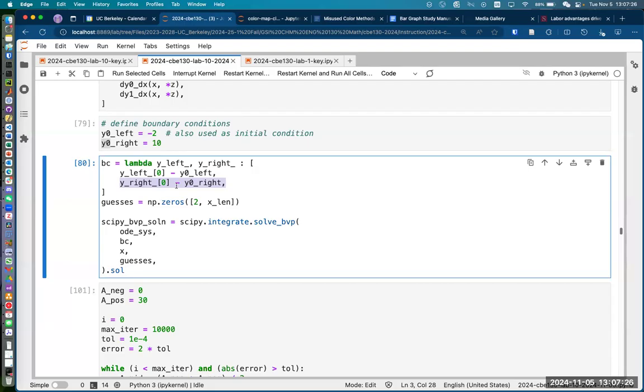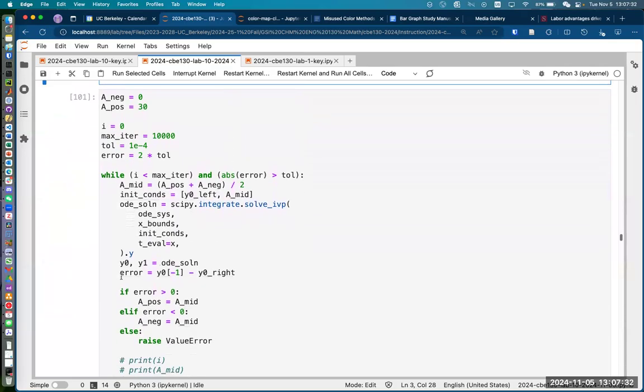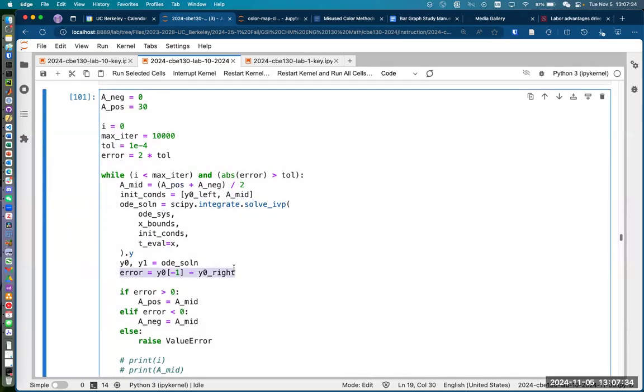This is the first place to notice. And the second part is when you're finding the error, you're also using the right boundary condition. The right boundary condition should be y0, the original function, at the last value, not y1. This is another common problem.